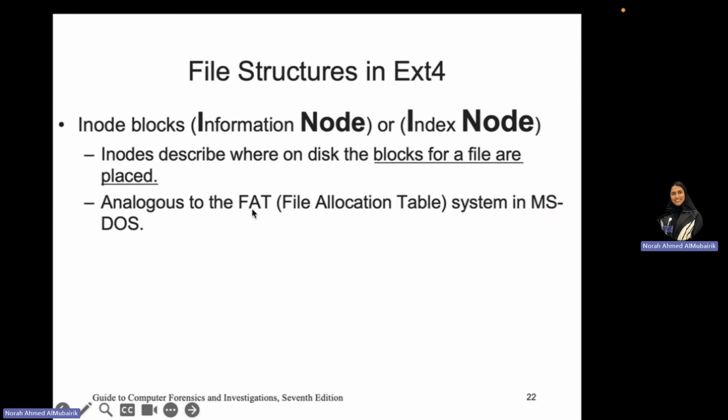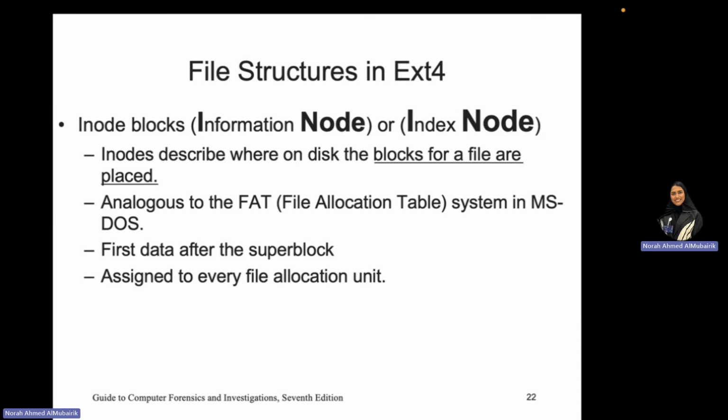So it is analogous to the FAT, file allocation table systems, and MS-DOS, or similar to attributes 20, 30, 40, 50 and the MFT record in Windows NTFS. So there is several information here.